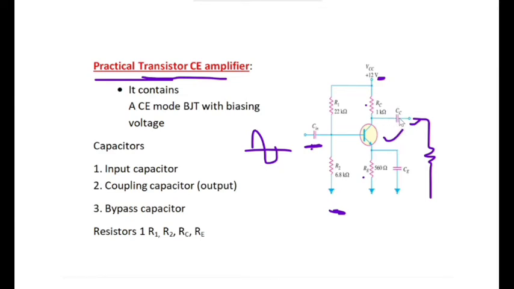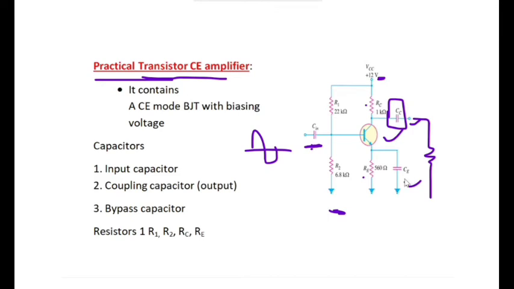Because the DC voltage of the biasing setup of the amplifier circuit must not interfere with the load. So to block that DC from interfering with the load, we use a coupling capacitor, and a bypass capacitor, that is CE.